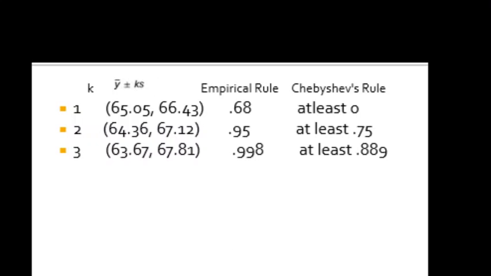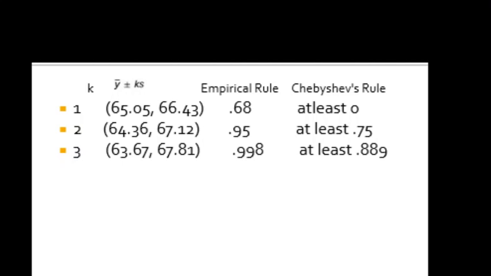Okay, so let's see. Using both the rules, if we use the empirical rule, then we take the mean plus and minus 1 standard deviation. This gives us the range. Then mean plus and minus 2 standard deviations, and mean plus and minus 3 standard deviations. So using the empirical rule, approximately 68% of the measurements will lie between 65.05 and 66.43.